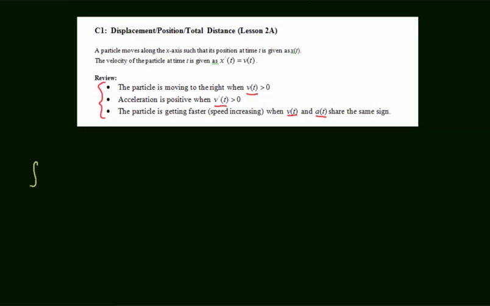So now we're going to look at this again, the integral from a to b of v of t dt is going to equal x at B minus x at A. The position of the particle at B minus the position of the particle at A. Can you tell me in words what that represents? I hope you're thinking displacement.